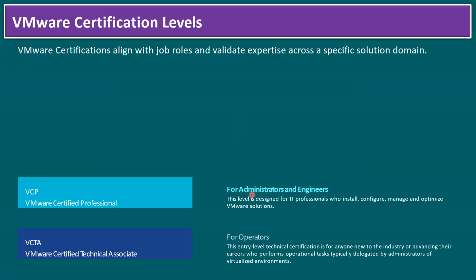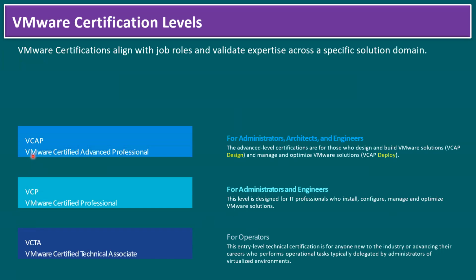You can choose any relevant track, but the certification names are the same. Similarly, the level advanced to the VCP certification is the advanced professional, VMware Certified Advanced Professional. This is also more suitable for administrators, engineers, and solution architects.